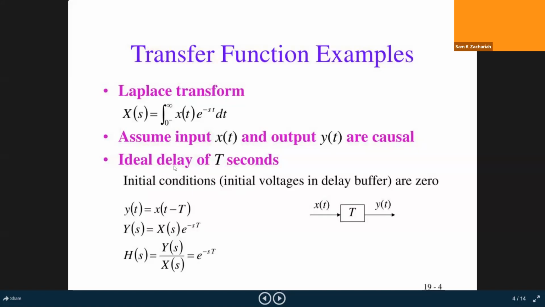Now we take some simple examples of the transfer function of different linear time invariant elements. The simplest dynamical element, yesterday we were talking about dynamical systems, right? A dynamical system says that the current output depends only on current input.